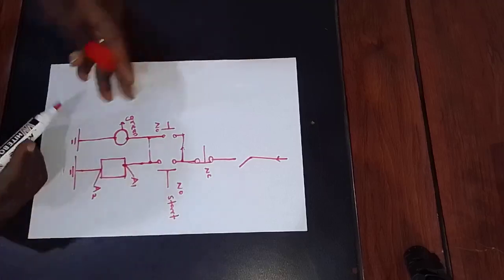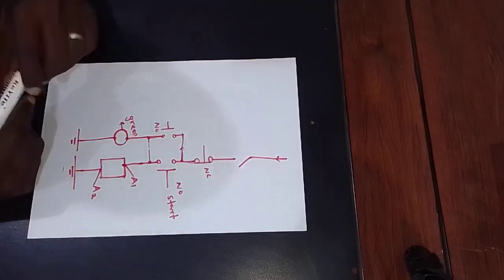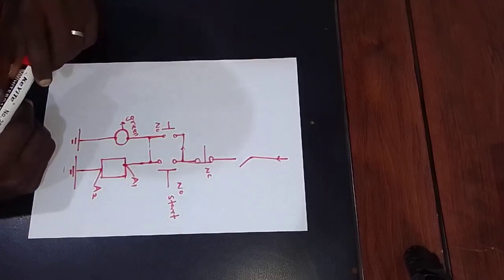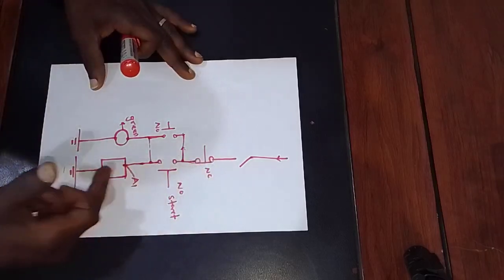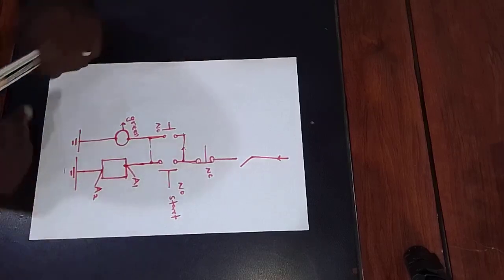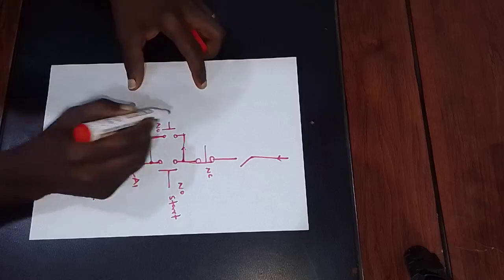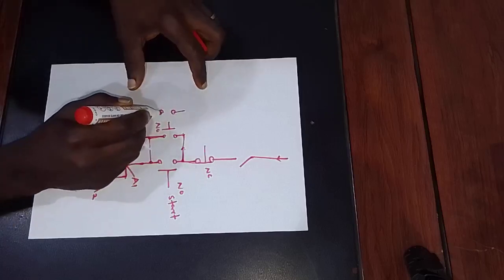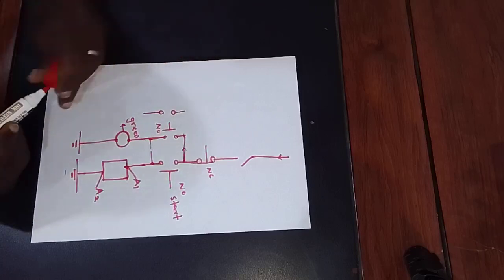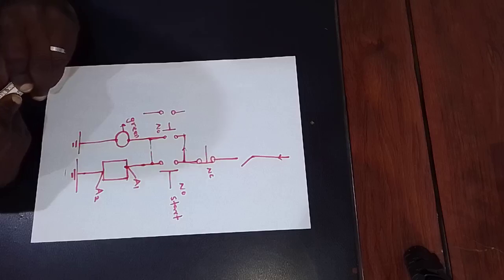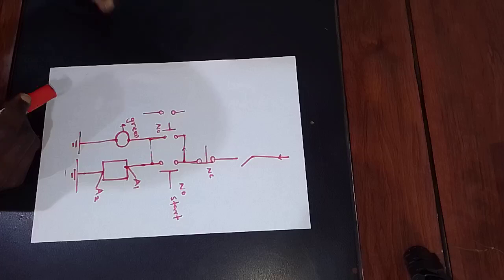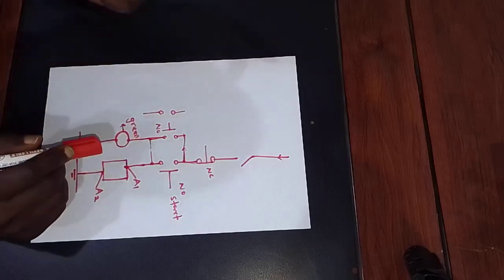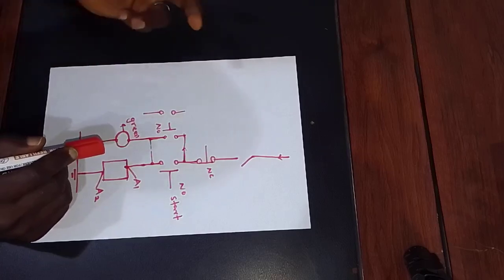Now, to incorporate the red indicator light, which will show that the contactor is de-energized, we take advantage of the normally closed contact that is on the auxiliary contact as well. We are going to look at that when we start with the practical section, because on the auxiliary contact we have a normally open contact and a normally closed contact.